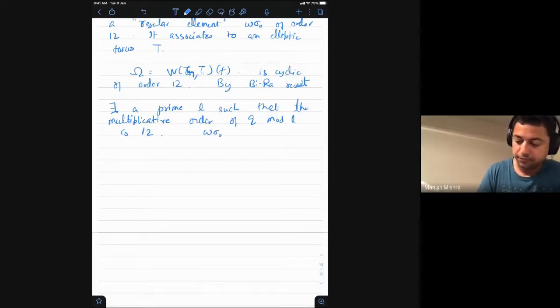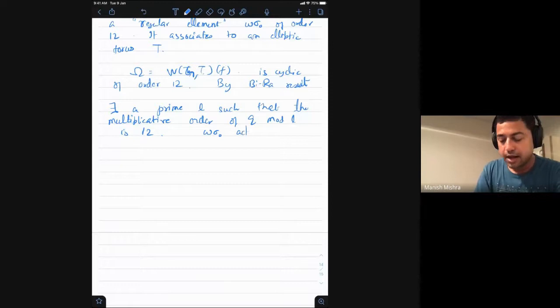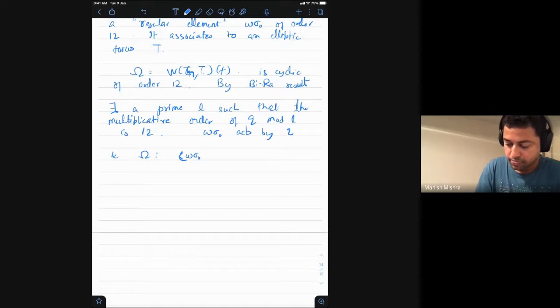By the definition of L, you see that w sigma naught acts by q, and w sigma naught square, the group generated by that, is an index 2 subgroup.